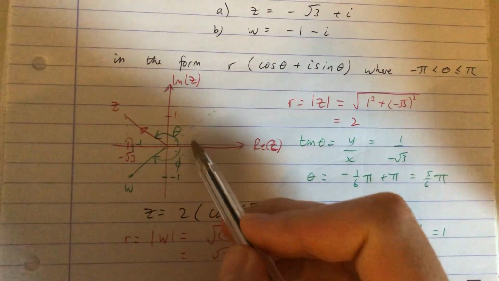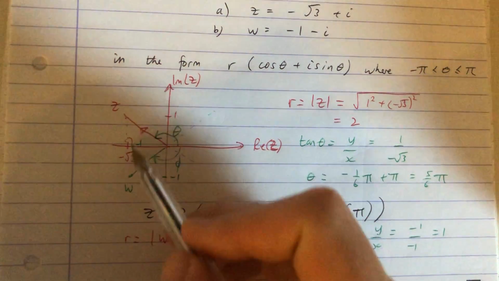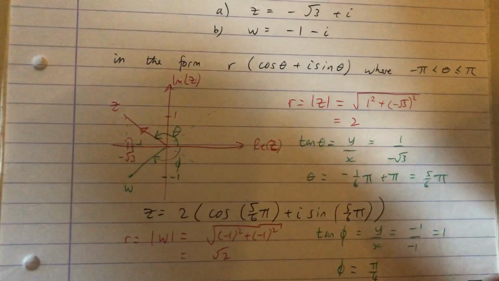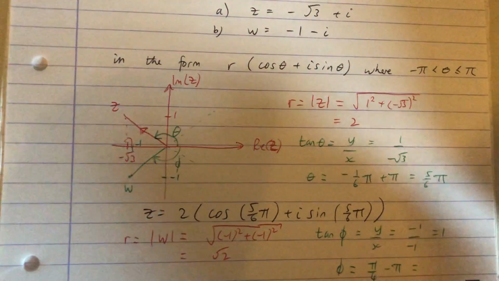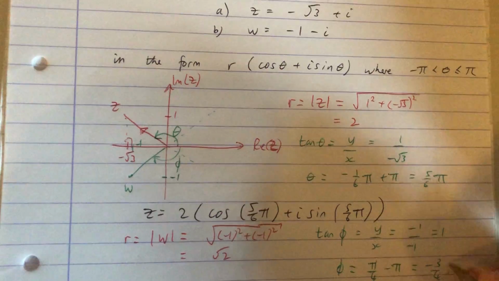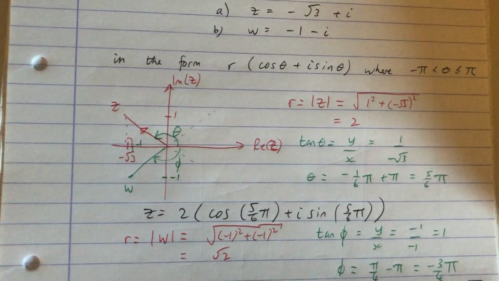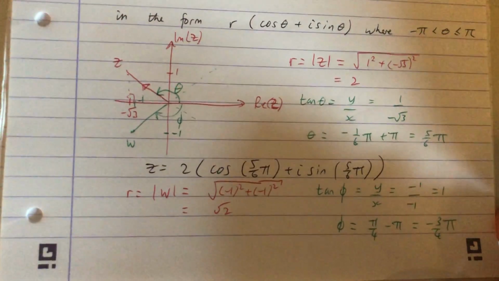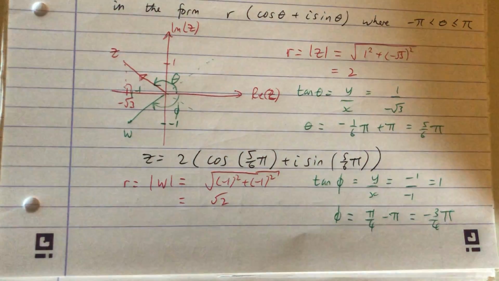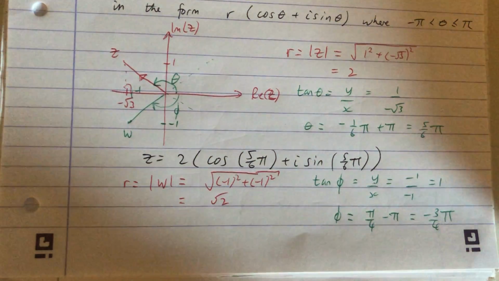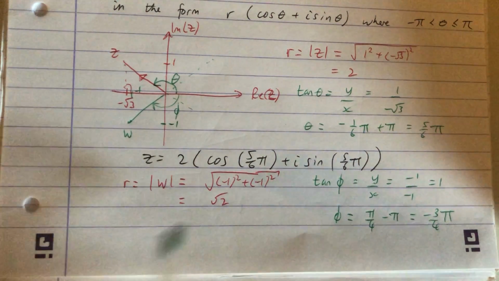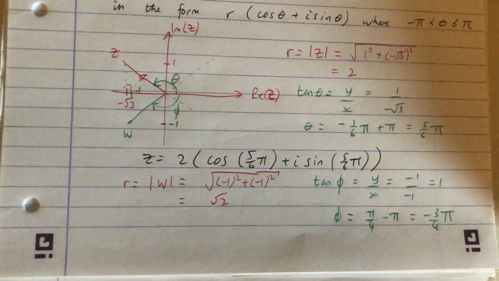And to get down to this one, you don't add pi, because that will give you beyond pi. You have to subtract pi to give you minus 3/4 pi. So this is going to be the trickiest bit, finding this angle. But yeah, just keep checking your sketch effectively.